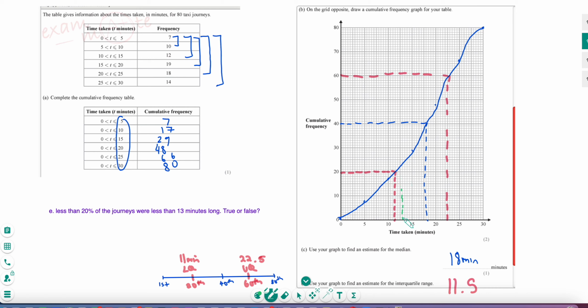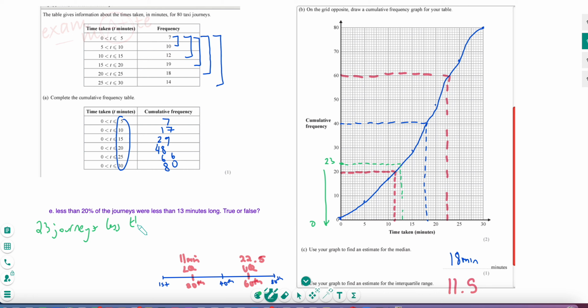I want to be a bit more neat there. So that's about 24. And then we're looking for less than 13 minutes. So from 13 less, so from here, which is 23, to 0, there were 23 journeys.